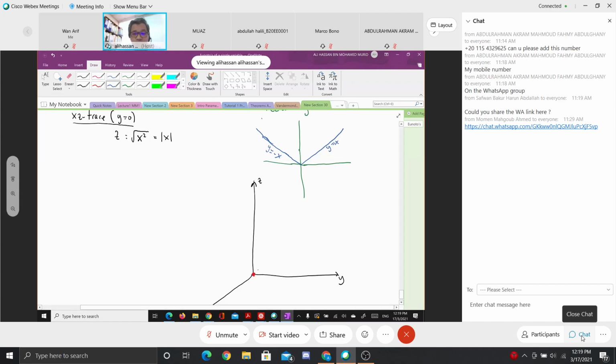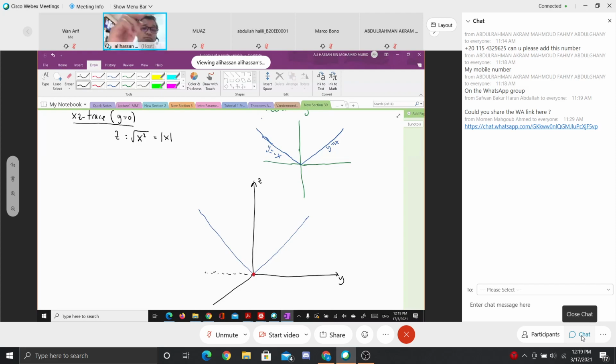So this is the shape of the curve z equal to modulus x. The one in blue here is the equation z equal to modulus x.